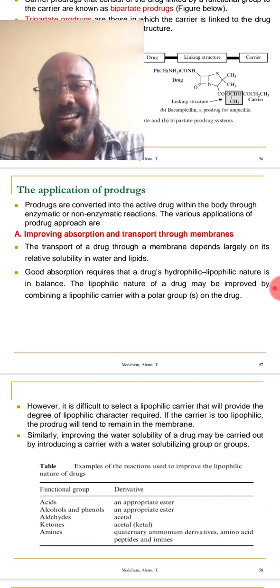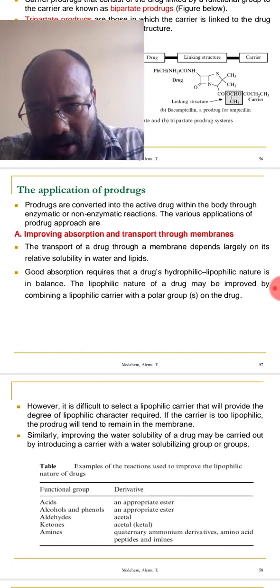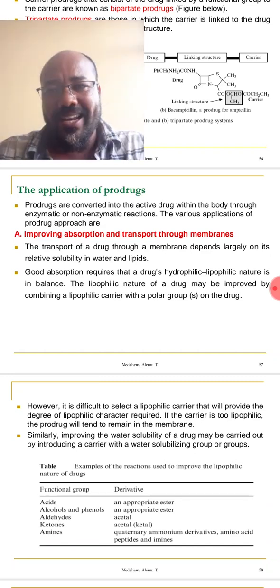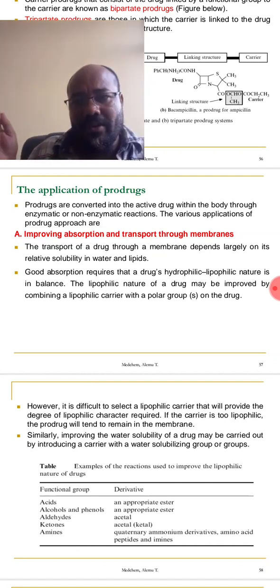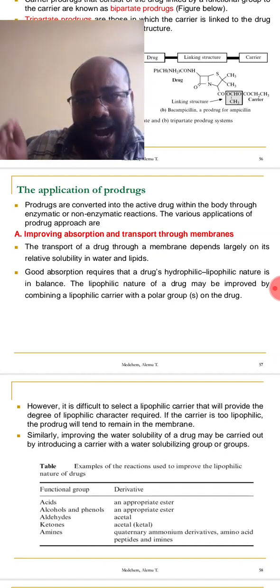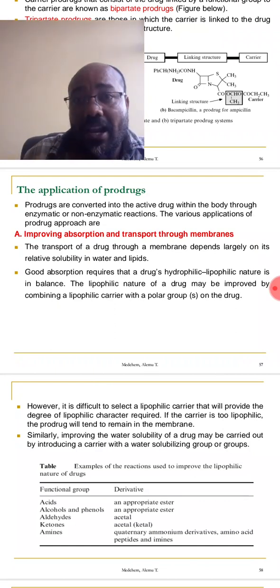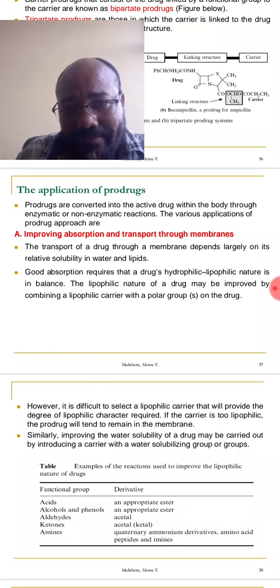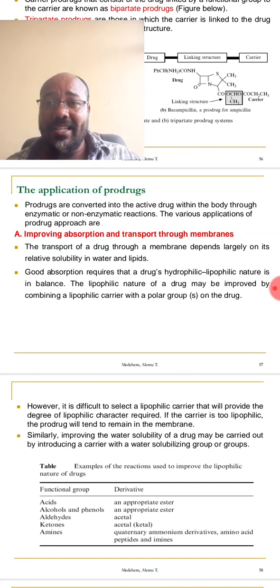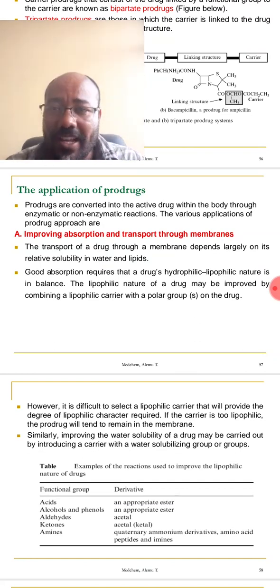To increase the lipophilicity of a given drug, we can combine our active drug with a lipid-soluble carrier to allow better transport. If your drug is highly hydrophilic, for example, it will not pass to the central nervous system.